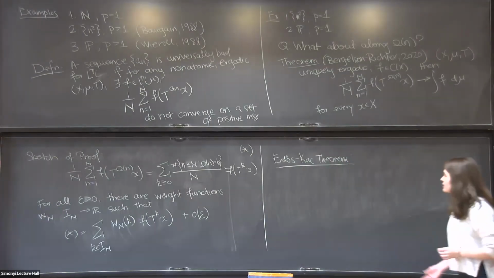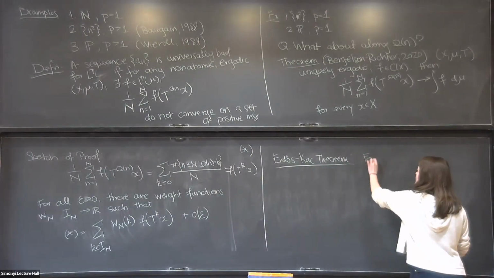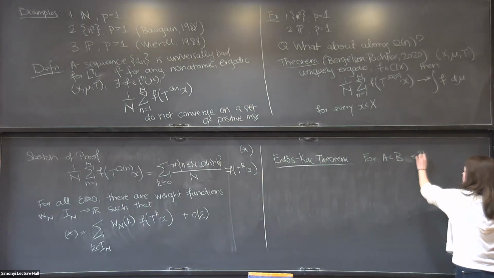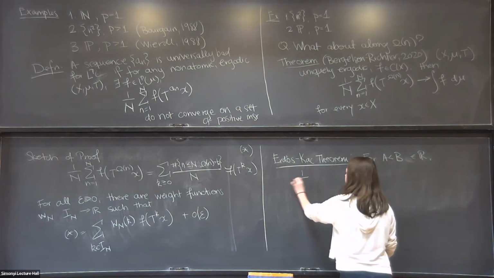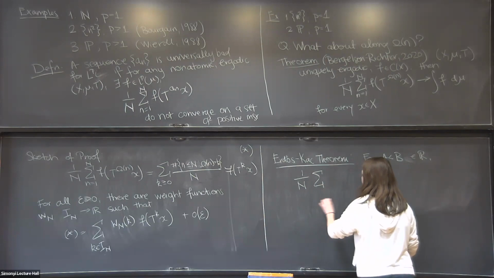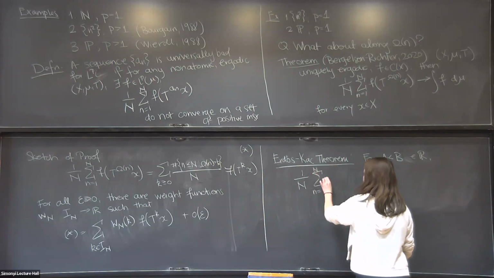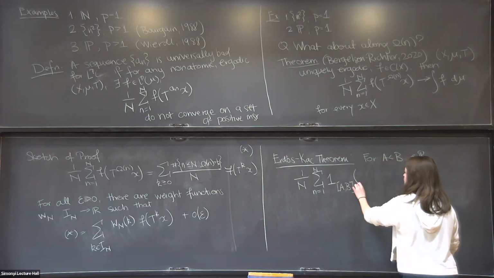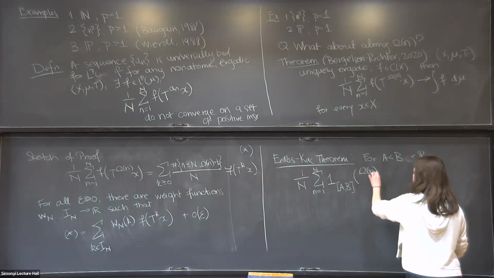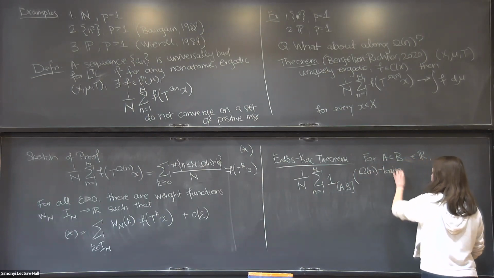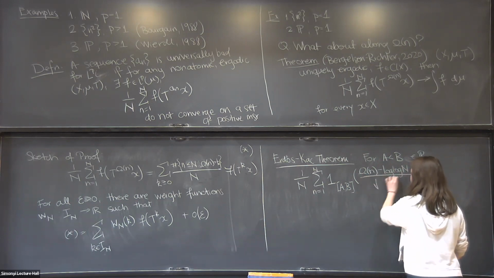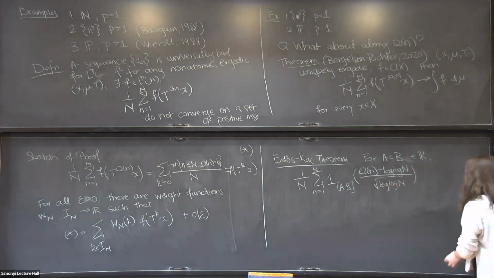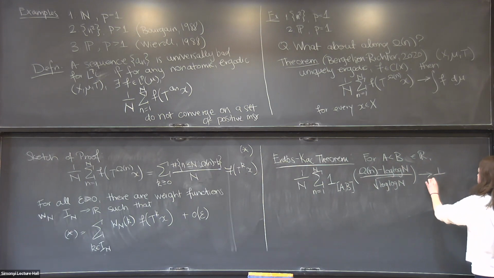This is coming from the Erdős-Kac theorem, which states that for real numbers a less than b, if we look at the following averages, so we're going to take the indicator function of the interval ab, that is quantity omega n minus log n over the square root of log n, this converges to a Gaussian distribution.